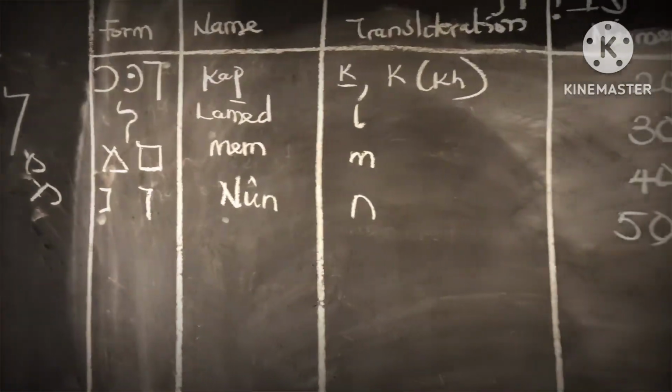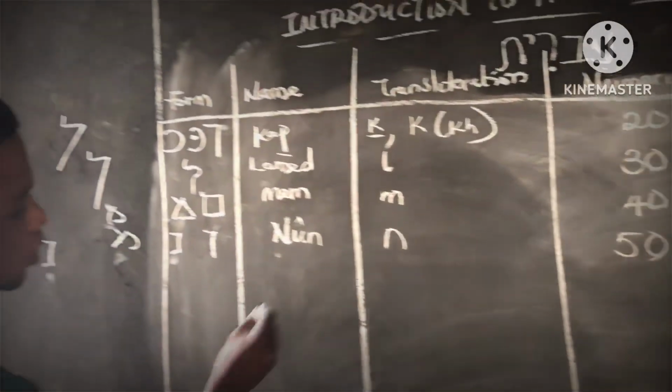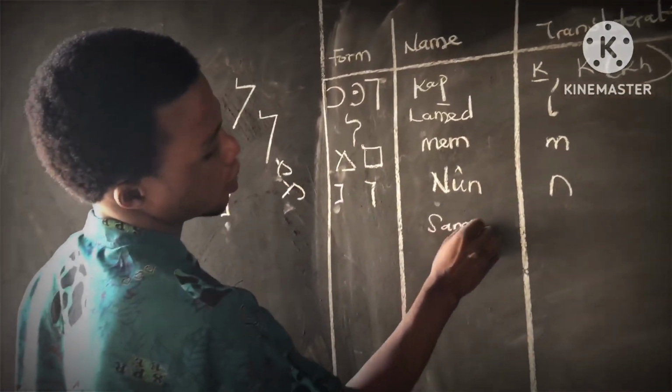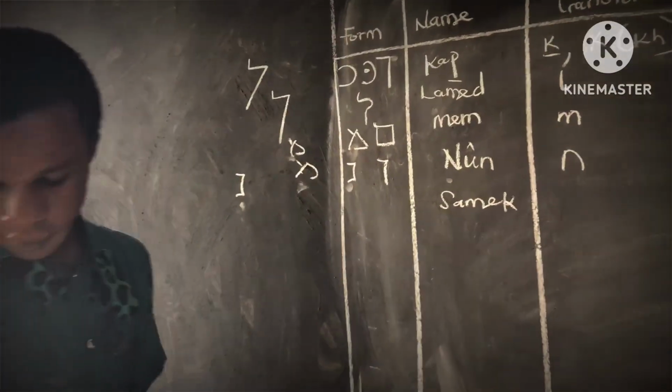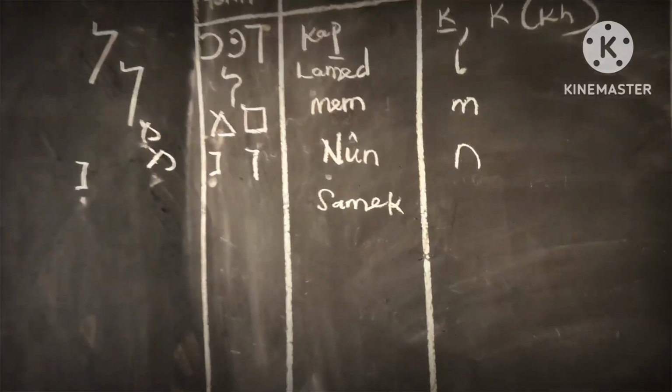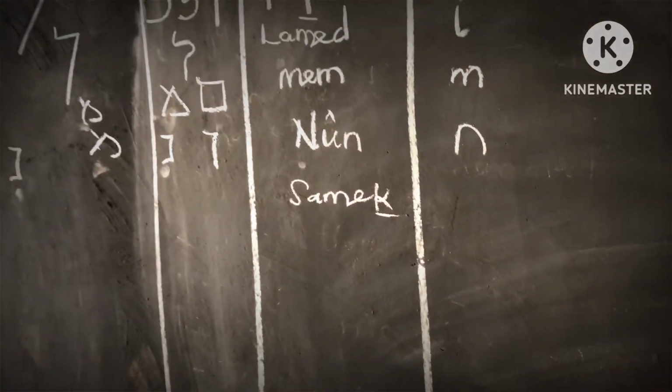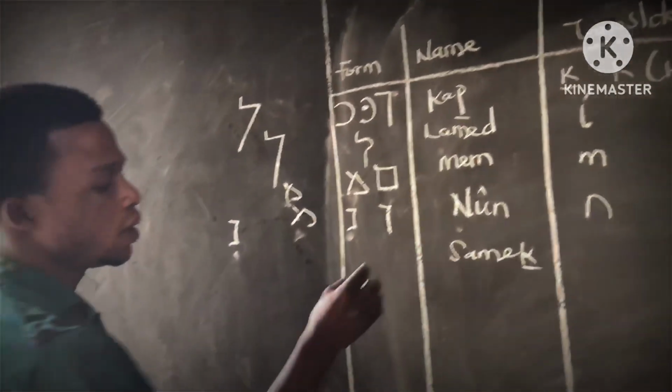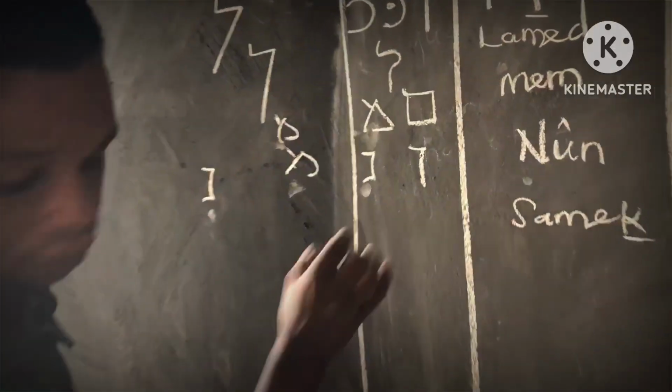The next one is what we call samek. Samek is simply written as this, just your zero.